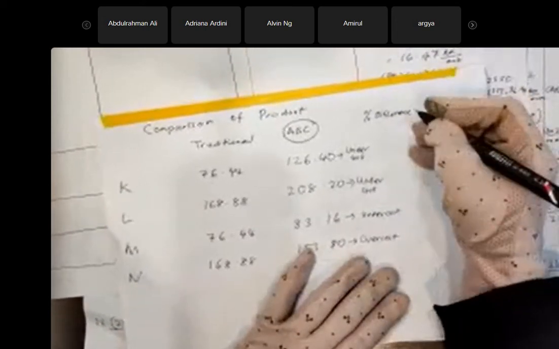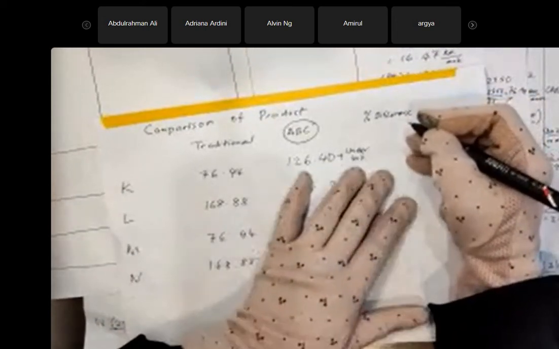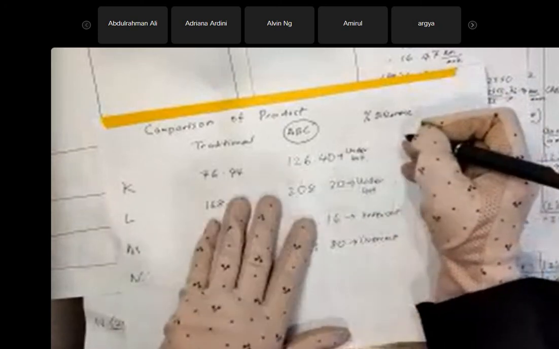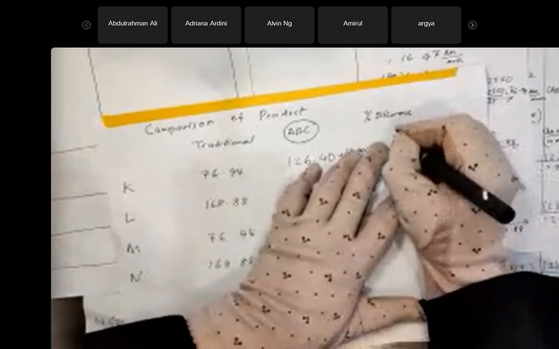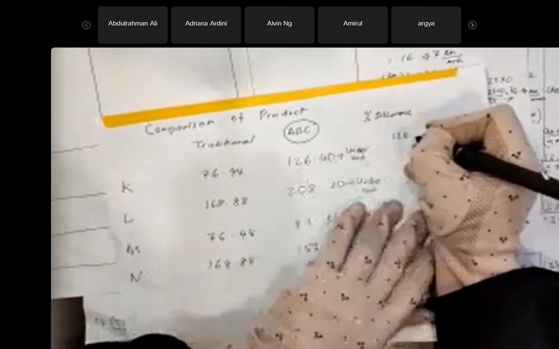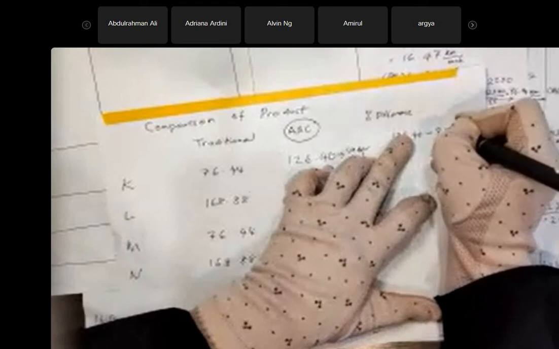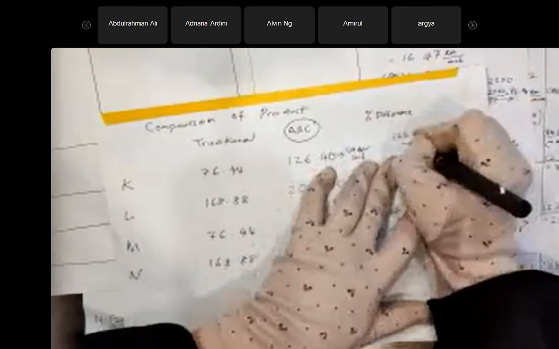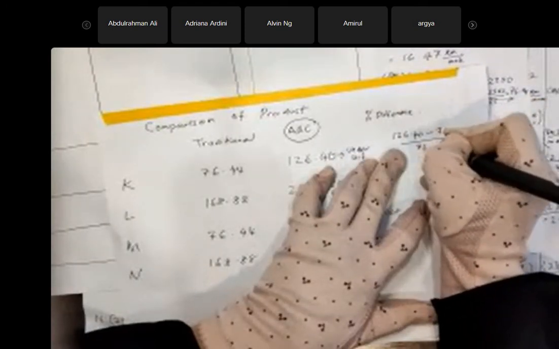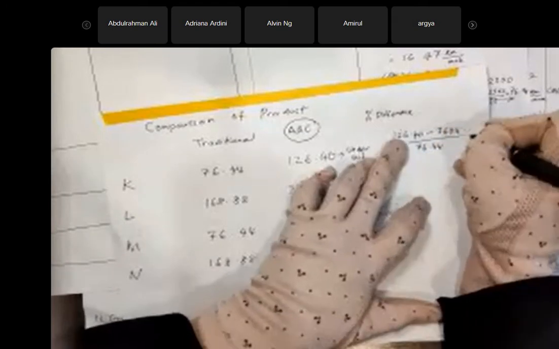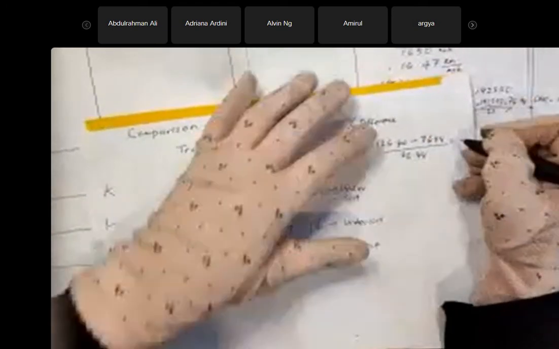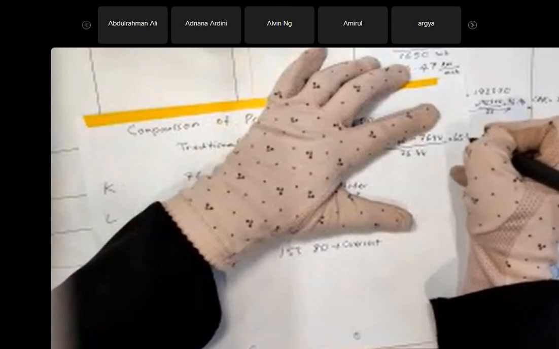What is the difference now? Look at the ABC: 126.4 minus 76.44, divided by the original one, 76.44. You will get 65.3%.